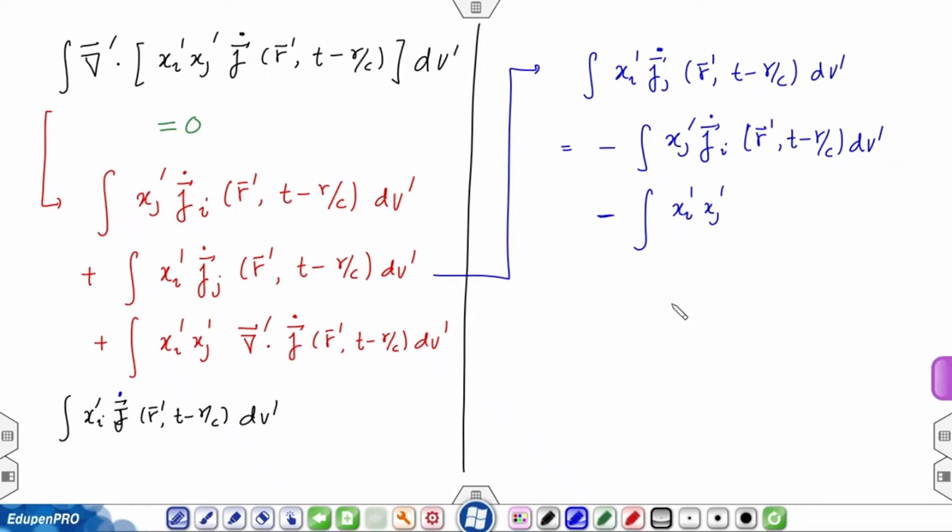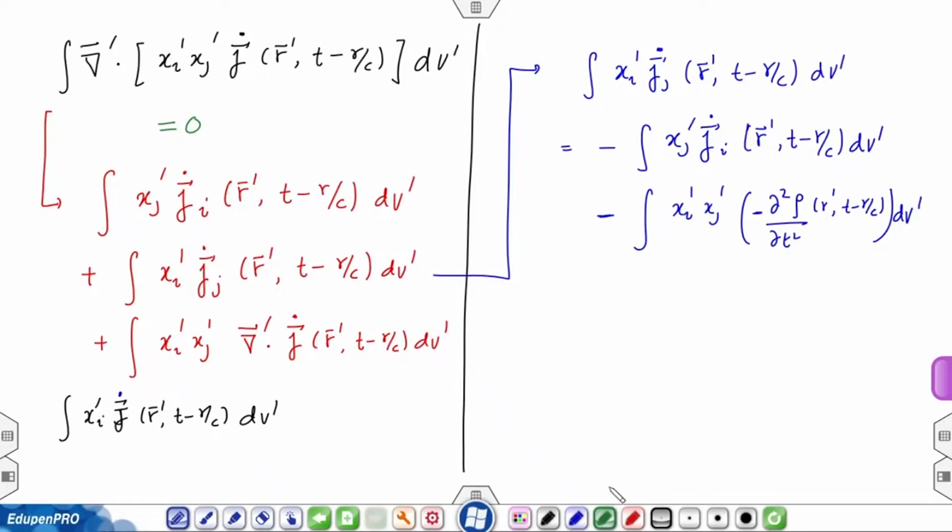I am again going to use the continuity equation and write the divergence of j dot as d 2 rho over d t square evaluated at r prime t minus r over c with a minus sign in front, dv prime.